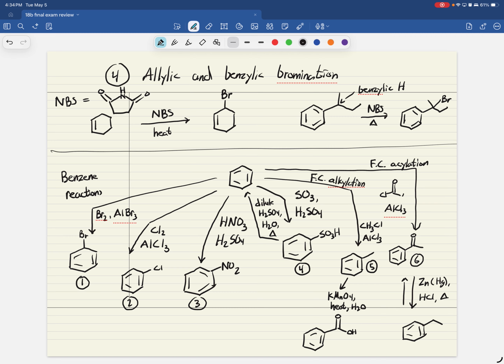So I don't think it was palladium, was it? There's a few ways. So to reoxidize this, you need a very strong oxidizing agent.